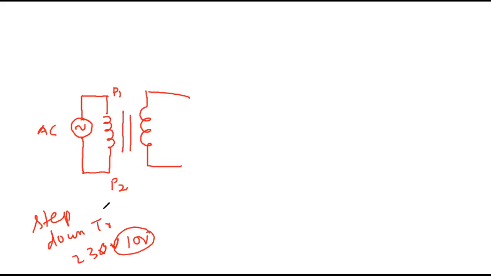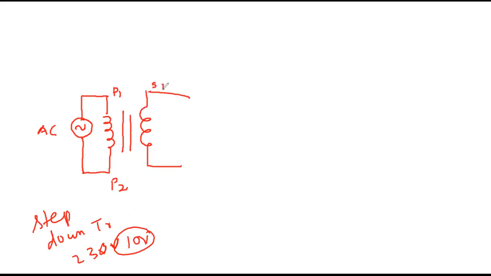So we use step down transformer because the mains voltage received is same everywhere. We have to increase or decrease by using transformer as per requirement. So alternating source which is to be rectified is connected across primary terminal P1 P2 of step down transformer.